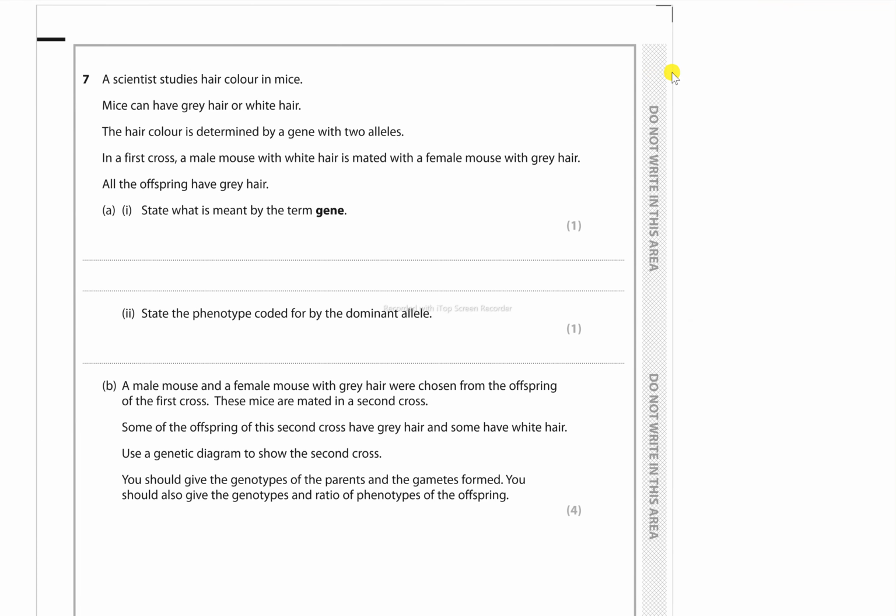What is meant by the term gene? So a gene is a section of DNA that codes for a specific protein.